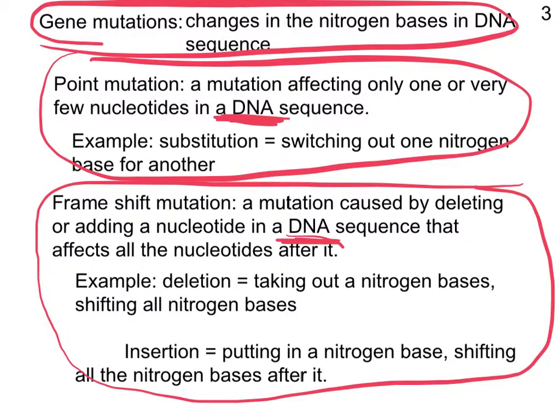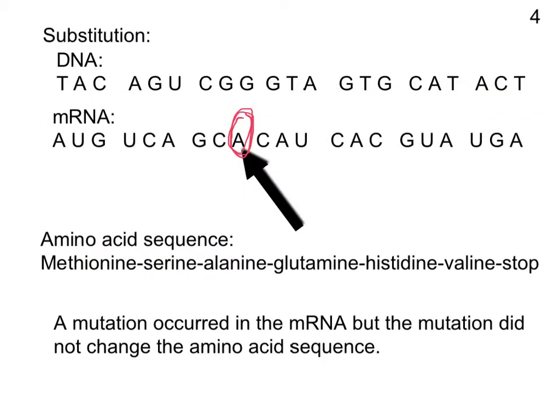So on page 5, or your page 4, you're going to show me a substitution mess up. So I want you to write your DNA, show your mRNA, show where the mess up occurs. I want you to underline it, circle it, draw an arrow to it, whatever you need to show the change. Now in substitution, a mutation can occur, but it may not change your amino acid sequence, and that's what I wrote at the bottom.